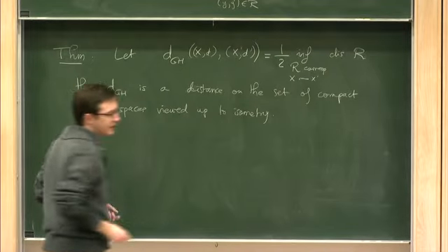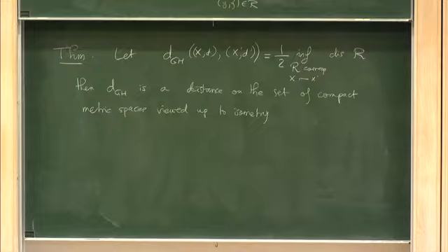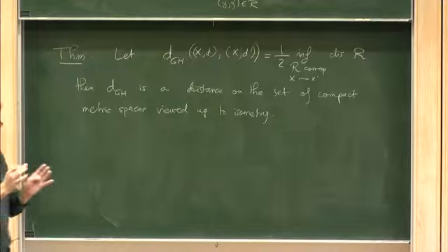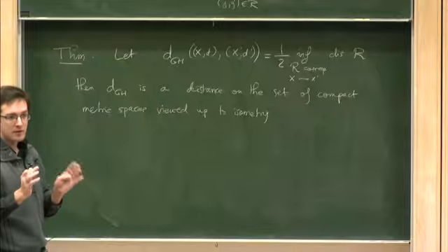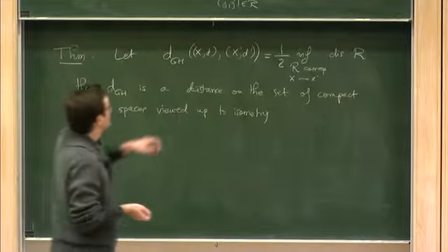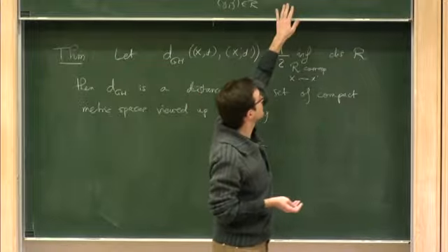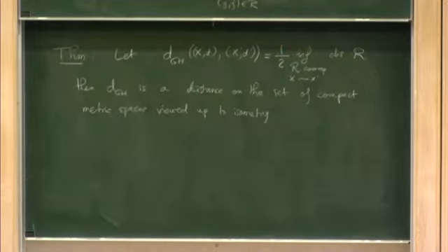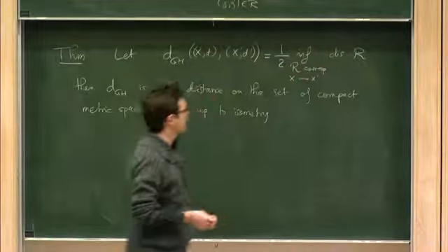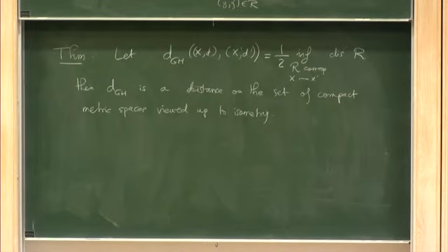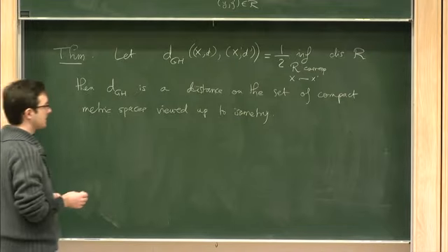Obviously, if I have two metric spaces which are isometric, I can build a correspondence between these two spaces by fixing an isometry and letting x be in correspondence with its image by the isometry. In that case, it's easy to see that the distortion of this correspondence is 0. So this infimum is in fact equal to 0, and two isometric compact metric spaces are not distinguished by this d_GH.